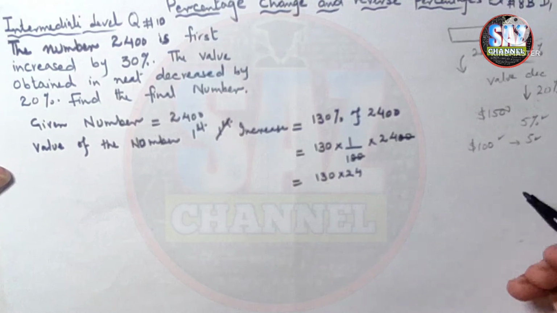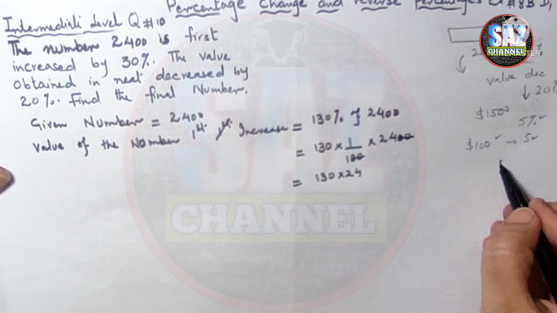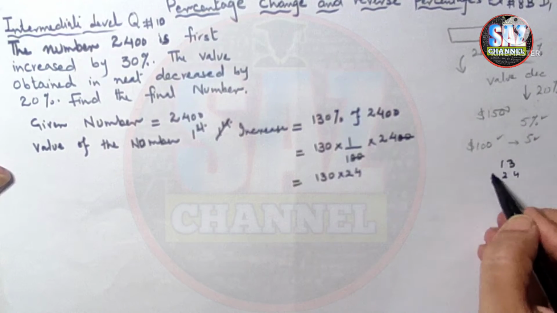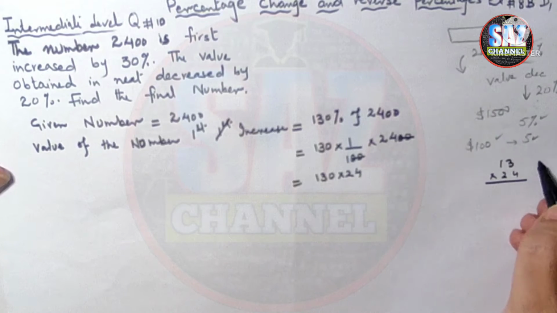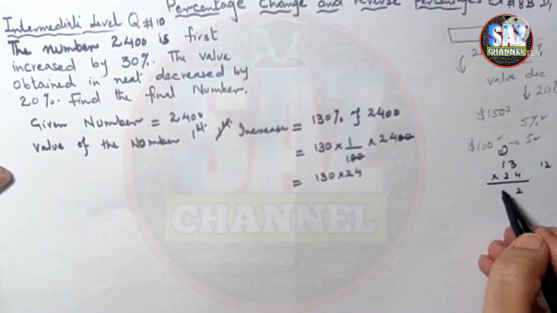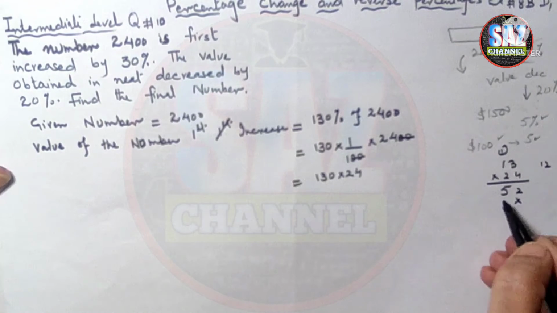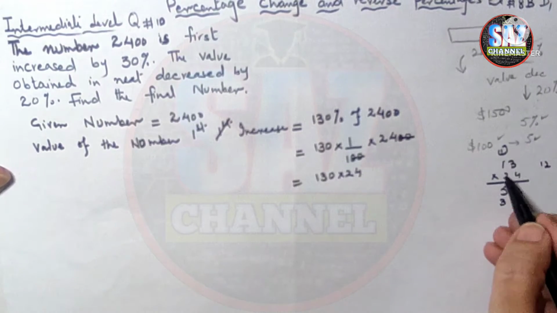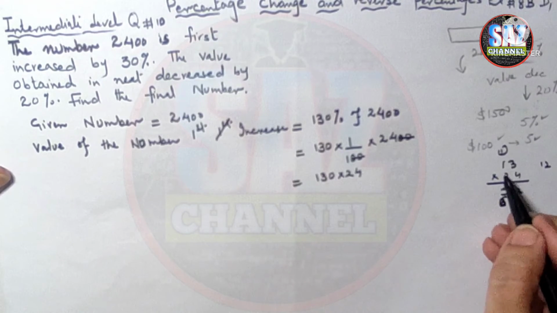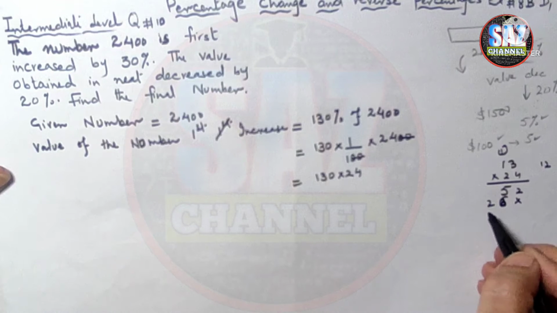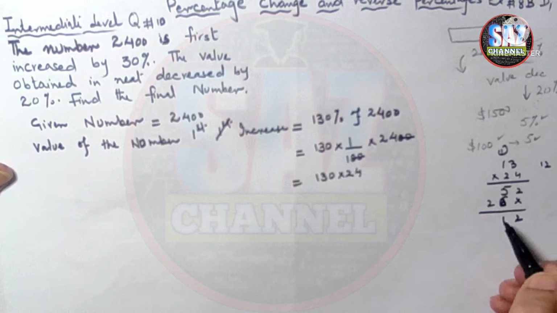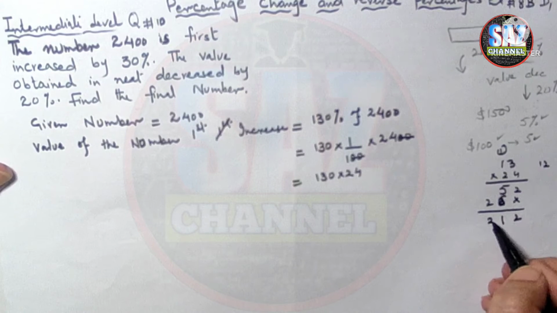Now for some time I have to forget about the 0, and I have to multiply 13 by 24. 4 3s are 12, 2 and 1 is 3, 4 1s are 4, and 1 is 5, so 13 4s are 52. Then 1 times 3 is 3, 2 times 3 is 6, 2 times 3 is 6, and 2 times 1 is 2. Okay, 13 2s are 26, 6 and 5 is 11, 2 and 1 is 3.